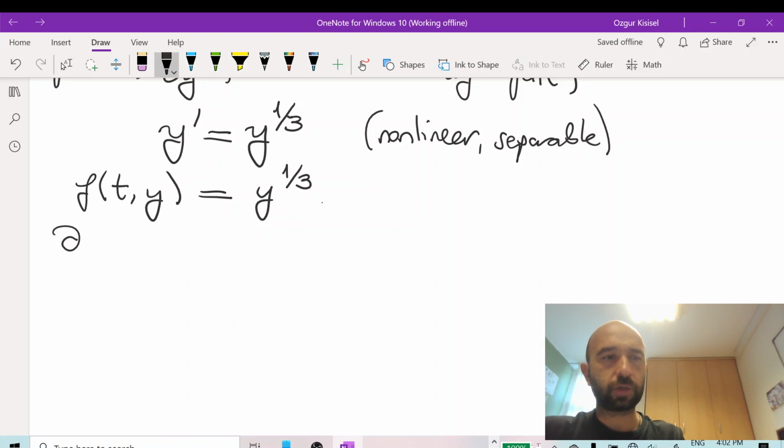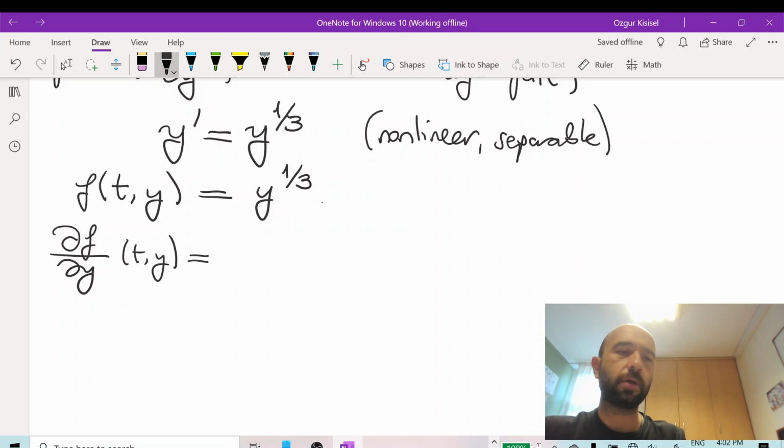Okay, let's also look at the partial derivative. You'll have 1 over 3 times y to the power minus 2 over 3. That's the partial derivative.